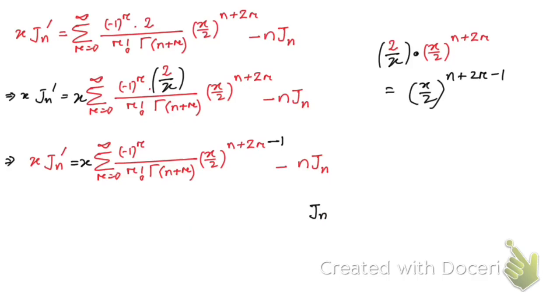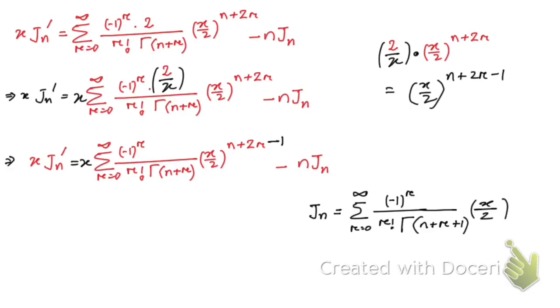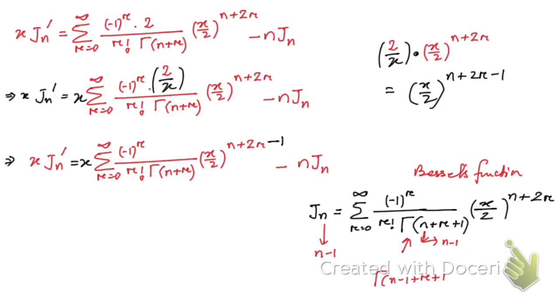Okay, so now you see Bessel's function, the definition of Bessel's function. If you write that here, you see, so this is the Bessel's function, right? Okay, if you replace this n by n minus 1, then this n must be also replaced by n minus 1. Okay, then this gamma of this n, this part can be written as gamma of n minus 1 plus r plus 1, right? And here you see this is nothing but equal to gamma of n plus r, right?